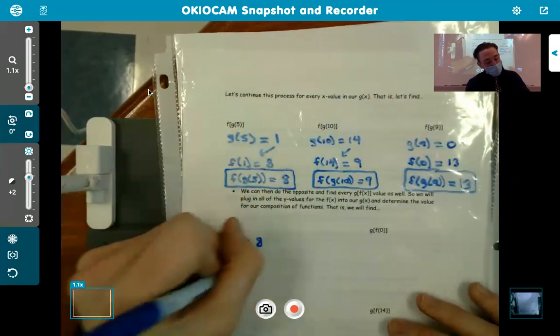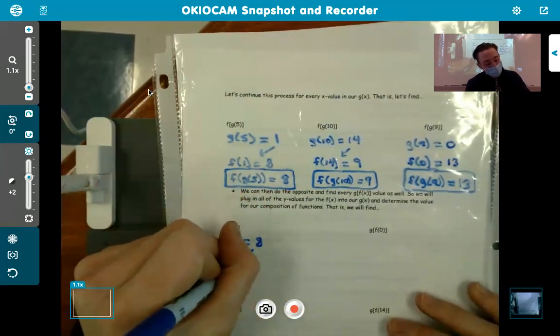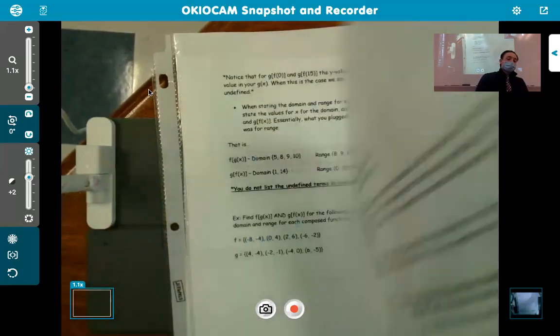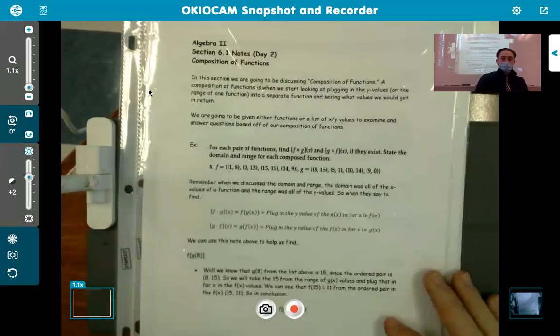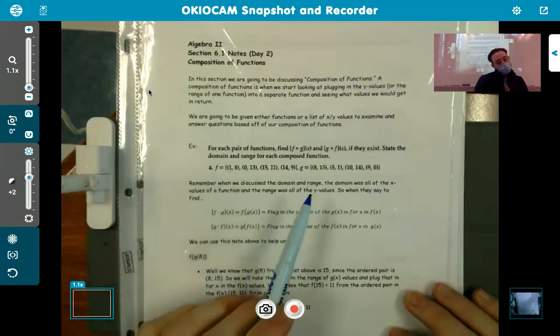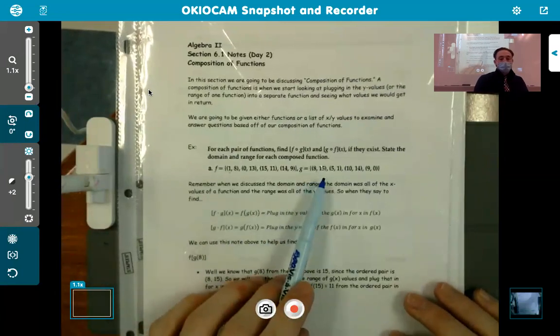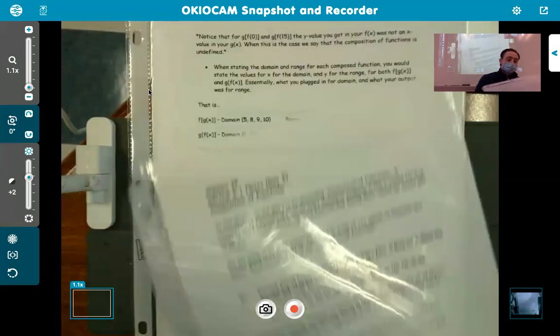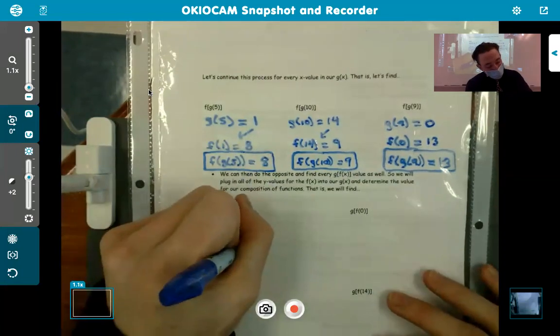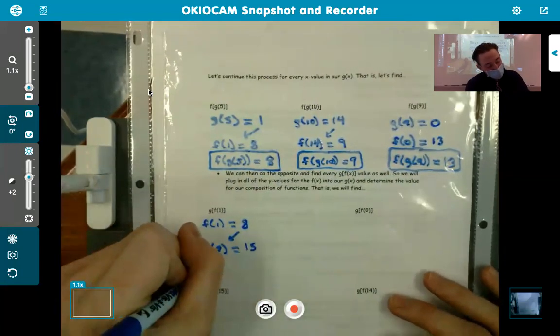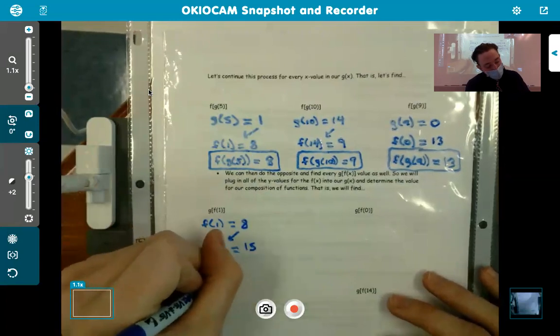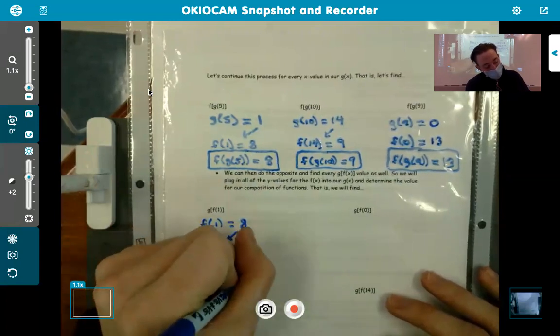I'll take that 8 and plug it into the g function. If I'm looking at my list, what is g of 8? 15. So then g of f of 1 is 15.